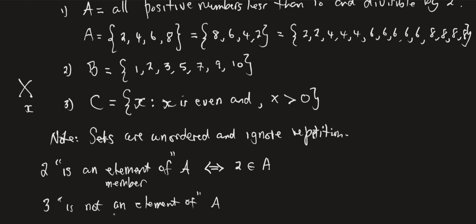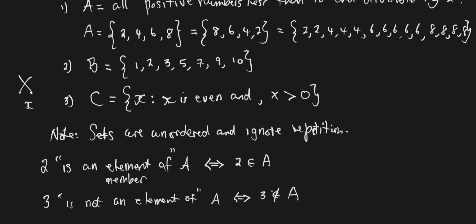So I could write a statement like this, or I could write this, that 3 is not an element of A, right? So as we go through certain parts of this course, we're going to be making use of this symbol for is an element of, or this symbol for is not an element of, right?